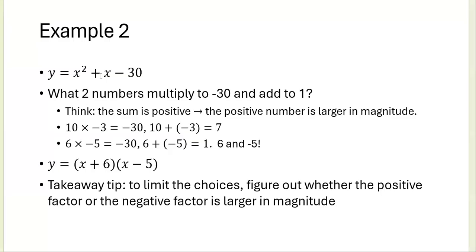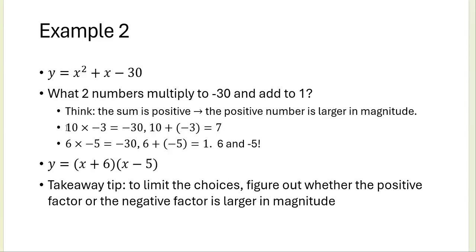So the sum of those two numbers, one of them being negative, remember, must be a positive number, which means the positive number needs to be bigger in magnitude. Okay? So when we think of where to put the sign, we're going to put the sign on the smaller factor. For example, 10 times negative 3, that's negative 30, yeah? 10 plus negative 3, that's 7. We got a positive sum.